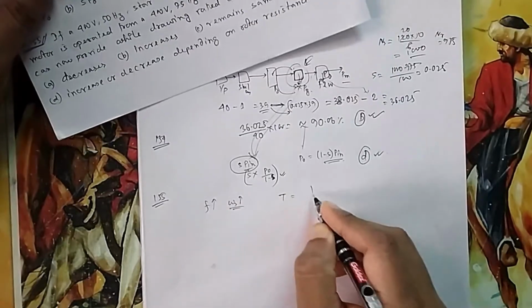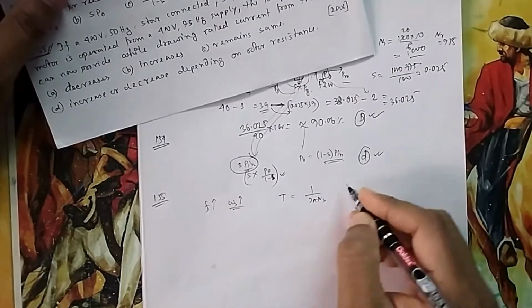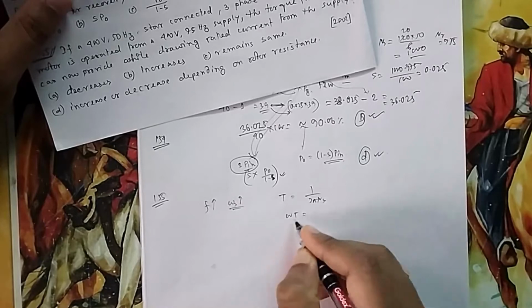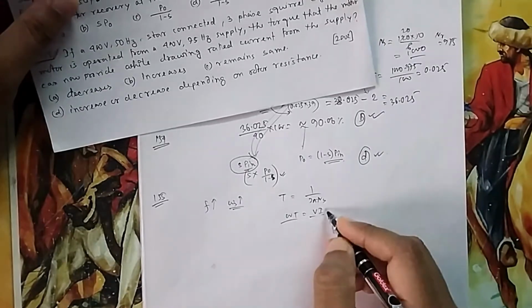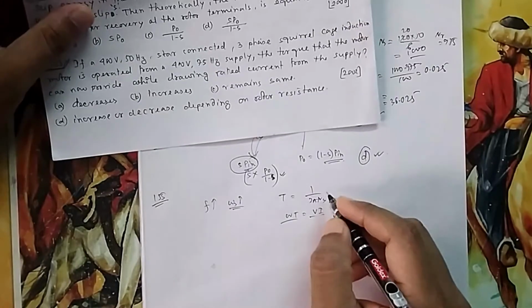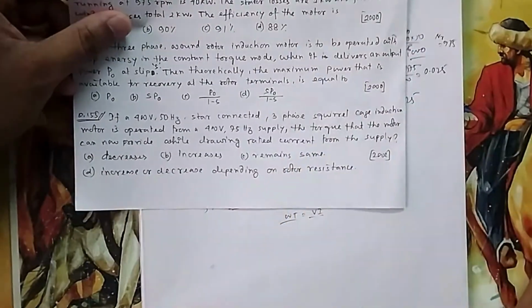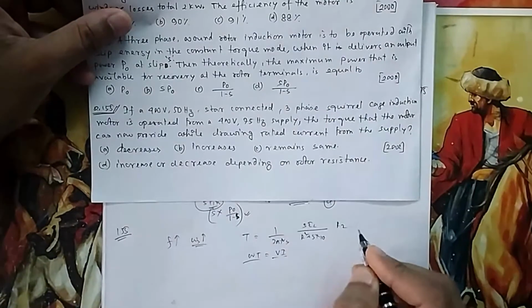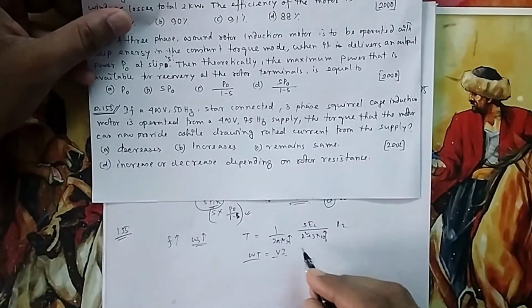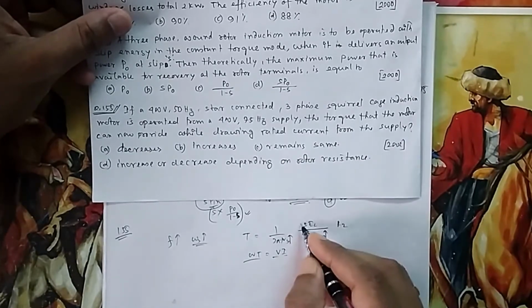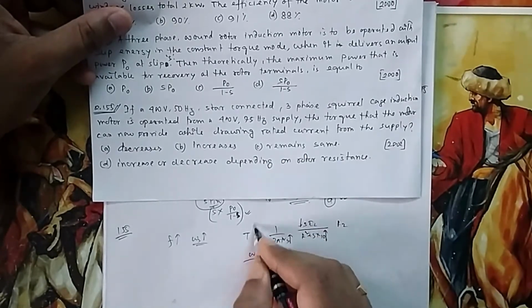And you have already seen the formula for torque: omega into torque is equal to the input power, V into I. The power factor will also come, but that is not affecting so much. So if you increase your frequency, speed is also increasing. If everything is increasing, then S is also decreasing. So ultimately your torque will decrease.